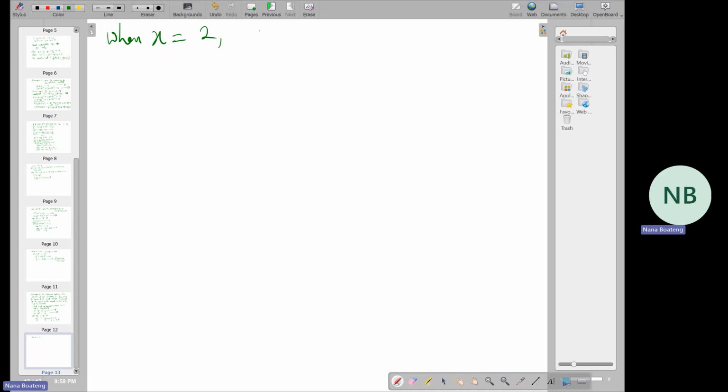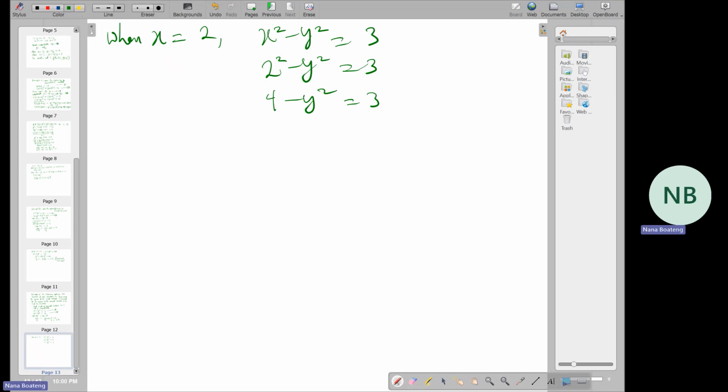Equation 1 is x squared minus y squared is equal to 3. So when x is equal to 2, we'll have 2 squared minus y squared is equal to 3. And so this becomes 4 minus y squared is equal to 3.